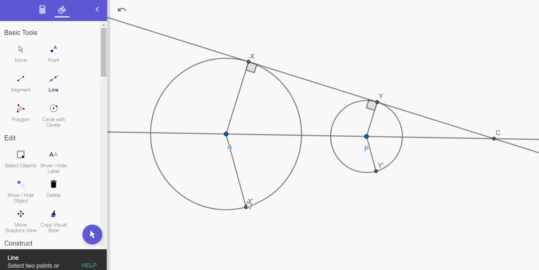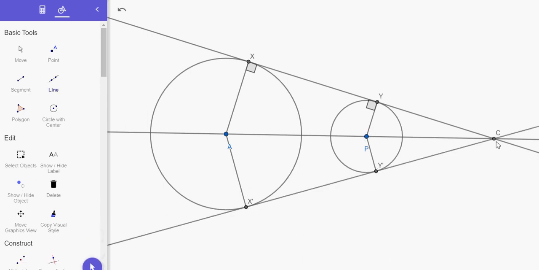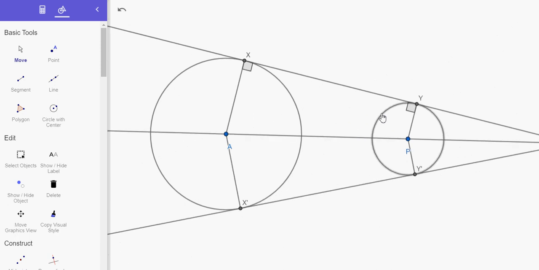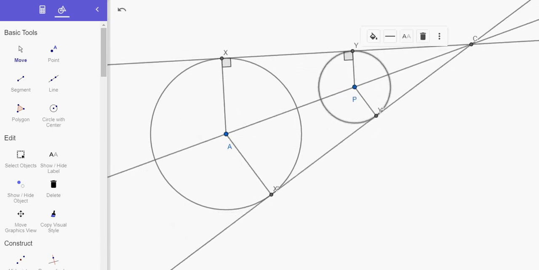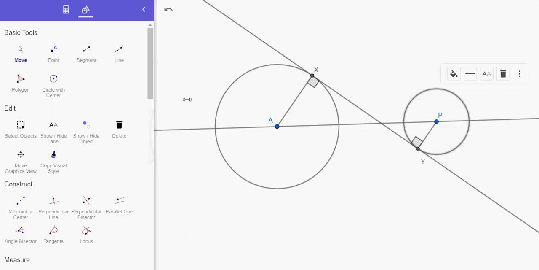So we can construct this line, and sure enough, it passes right through C. So these are the two common external tangents, and the line through the centers of the circles is the line of symmetry of this diagram. So these triangles are congruent, and all that similarity is preserved, and of course it doesn't matter how we move things around. The same thing is true in the internal tangents situation.